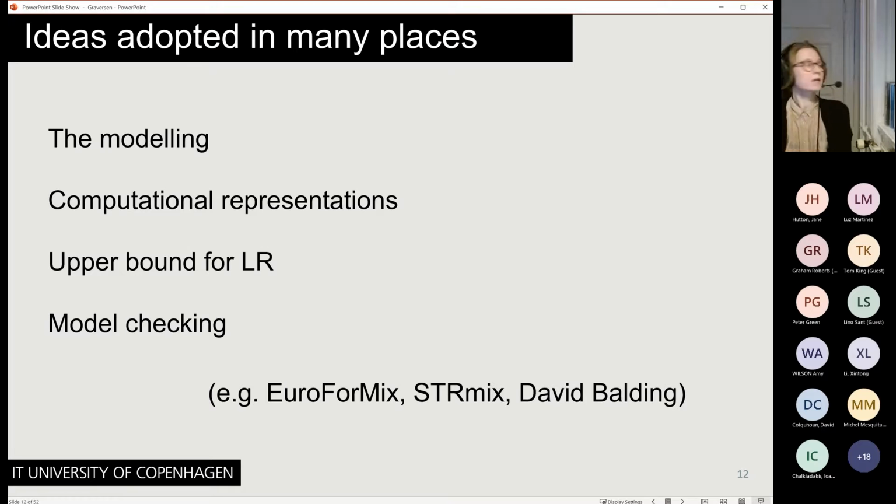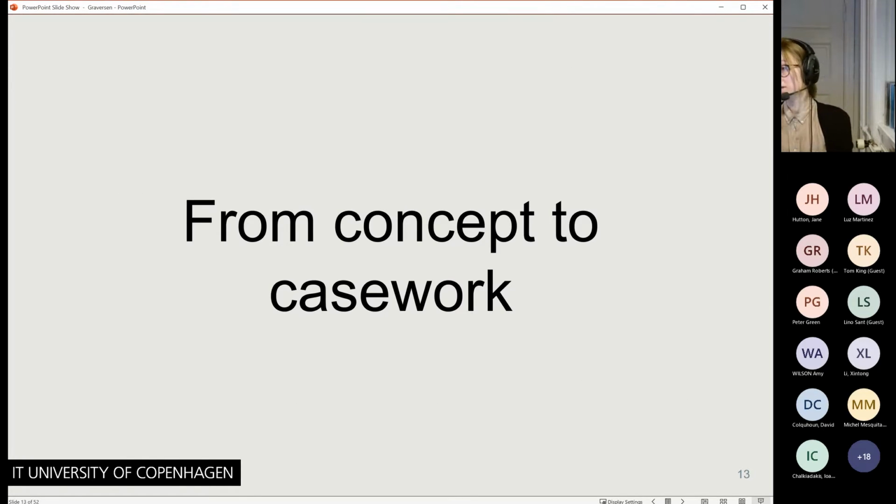So there was at least this kind of theoretical impact, and I've been touting this as a statistician. I think you should do this, but is it then useful in practice? So that's the next bit I want to talk about. How did this translate into being useful for actual casework?